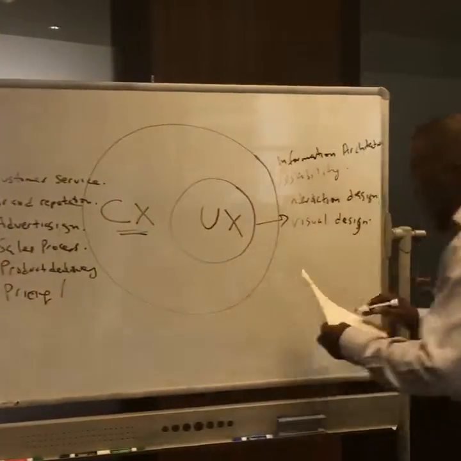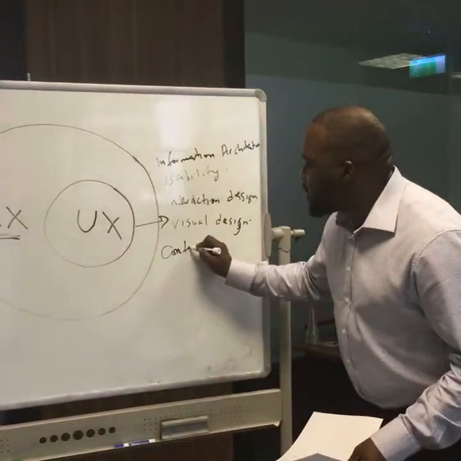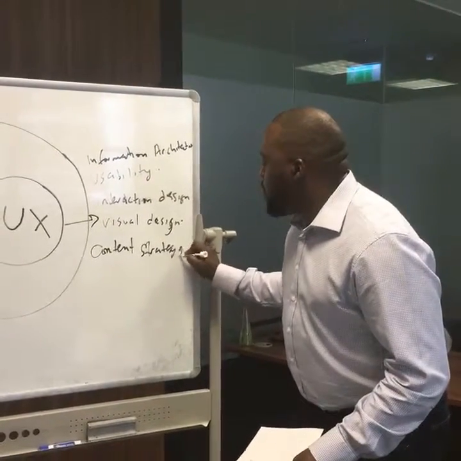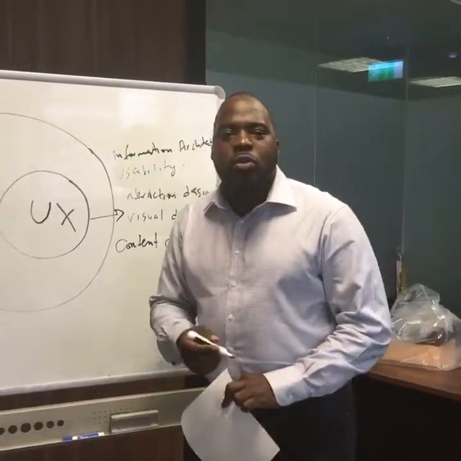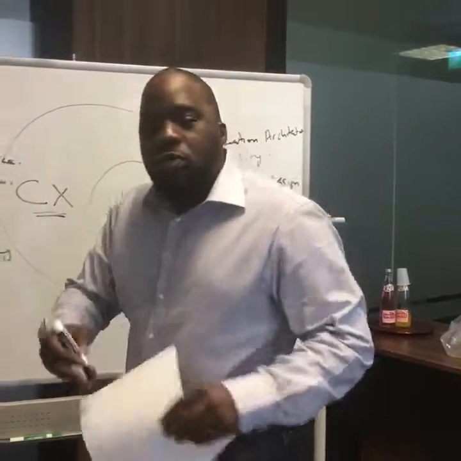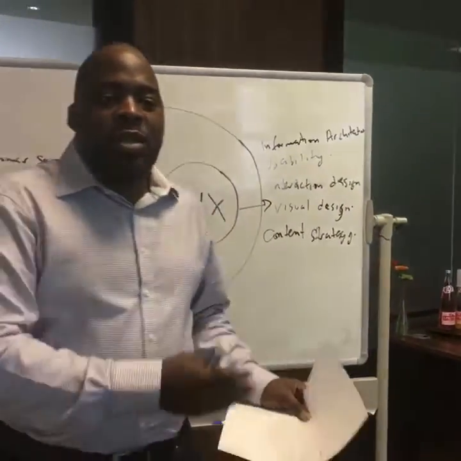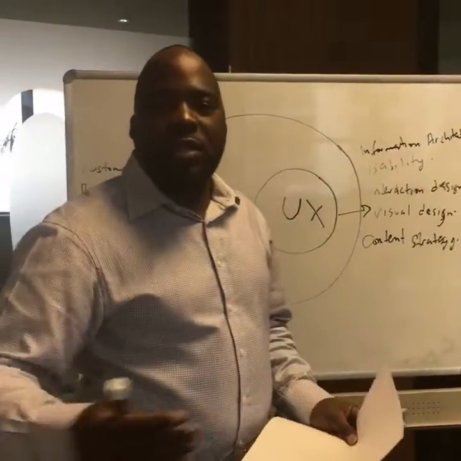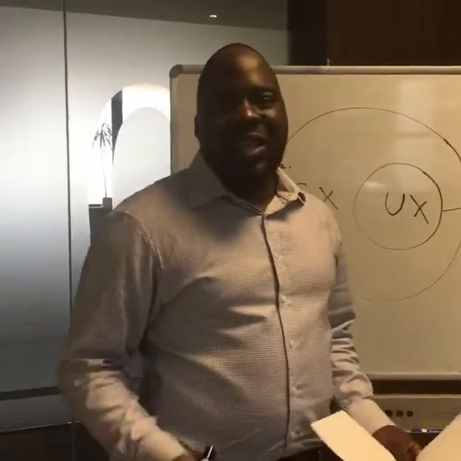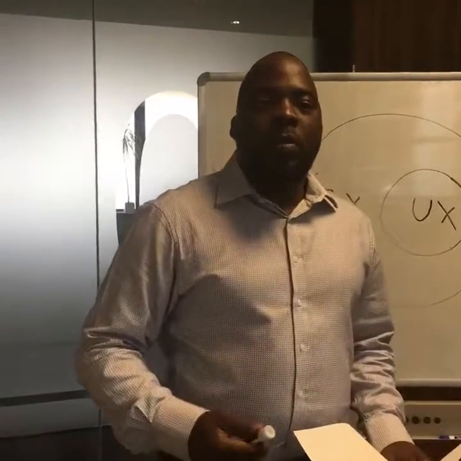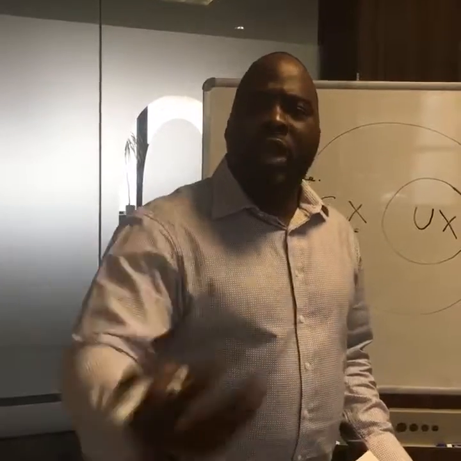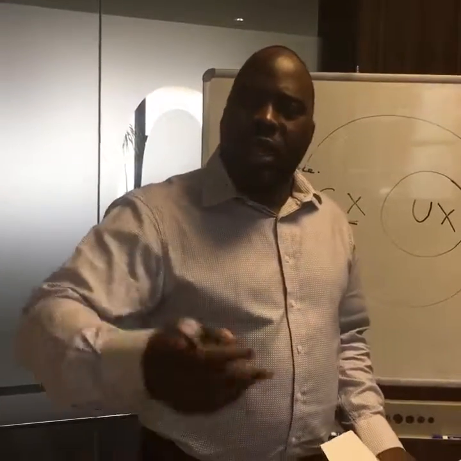Now, another thing is content strategy. Content is king. Once upon a time, we used to hear the word SEO, search engine optimization. It's still relevant, but it's now SEO and outreach campaigns, and that involves content strategy. There's tons of content out there. If you're looking at the IT sector, businesses will probably use white papers and case studies to educate their customers.